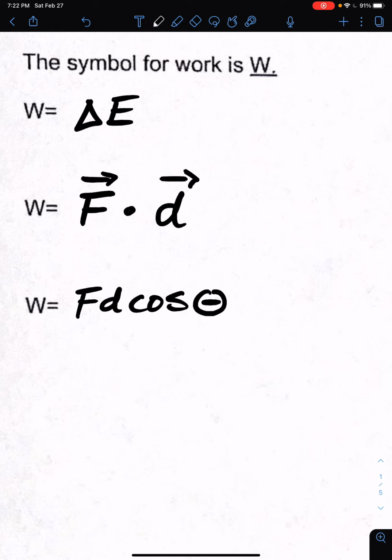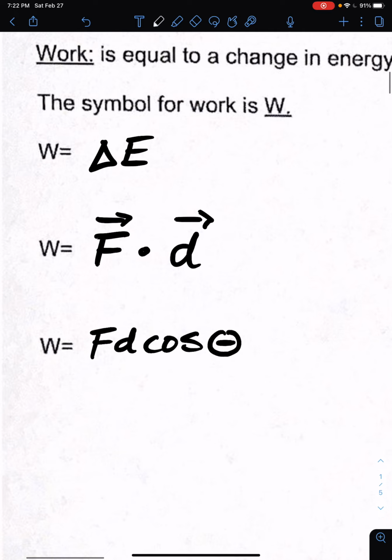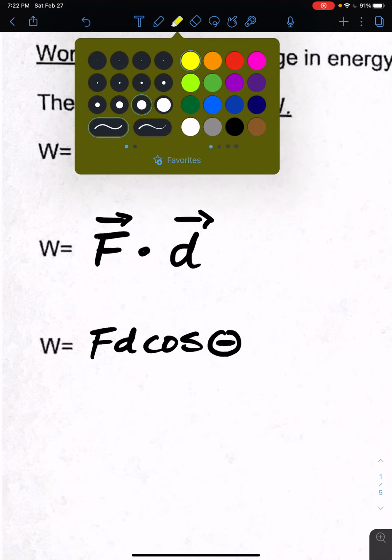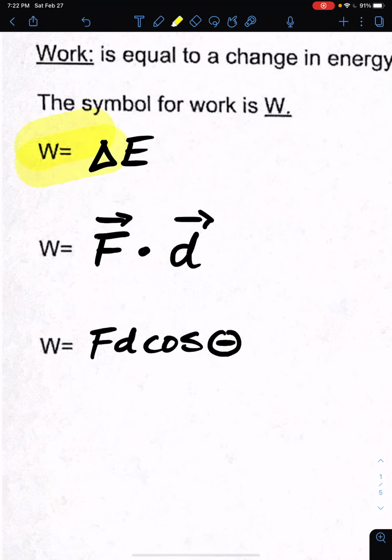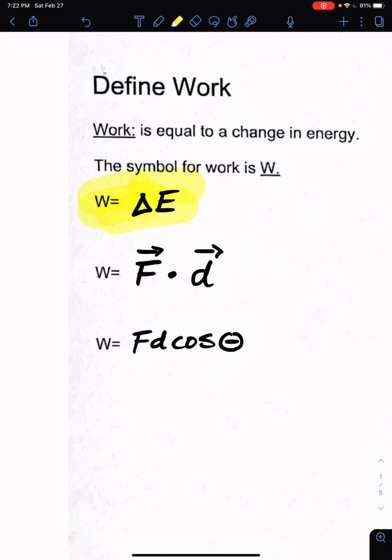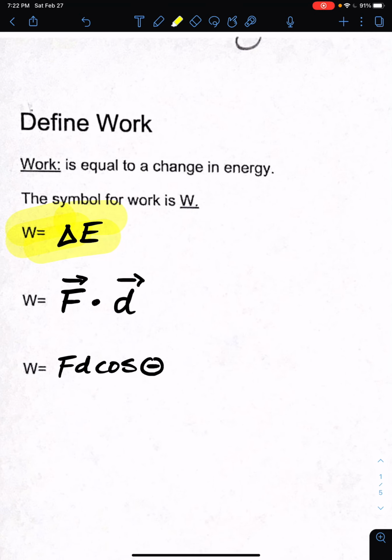They're all important, and it's kind of a complicated idea, this idea of work in physics. But at its simplest, and this is something you don't want to forget, because it might get confusing, if it does, just remember that work is equal to a change in energy. And I guess we should say that the capital E is energy.